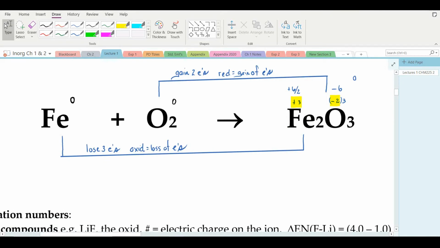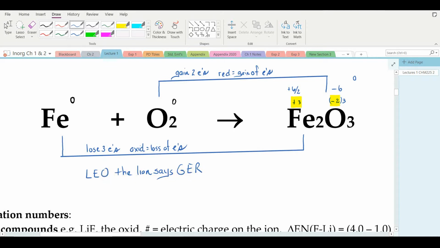So some terminology you need to learn. Oxidation and reduction. If you remember this mnemonic, Leo the lion says, what would he say? I don't know. He says grr. So loss of electrons is oxidation. A gain of electrons is reduction.